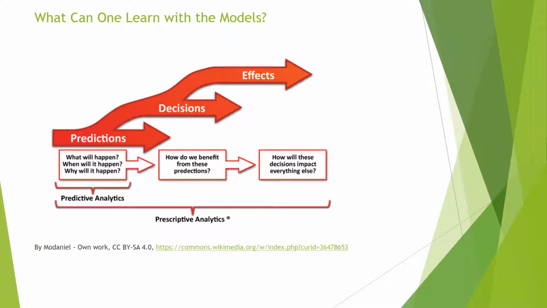What can one learn with the two models? Essentially, with prescriptive models, we can answer more questions than we could with just predictive modeling. As we can see on the graph, we can make decisions so that we can benefit from the knowledge offered by the predictions and ascertain some of the effects that our actions will have in those scenarios.